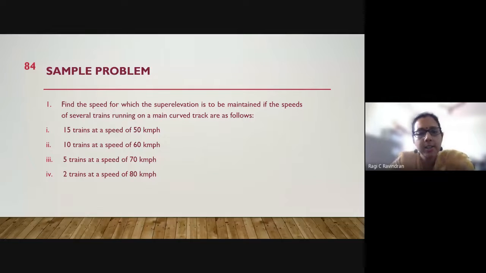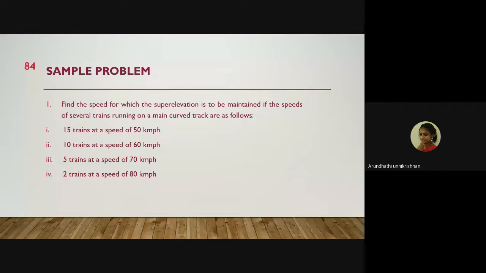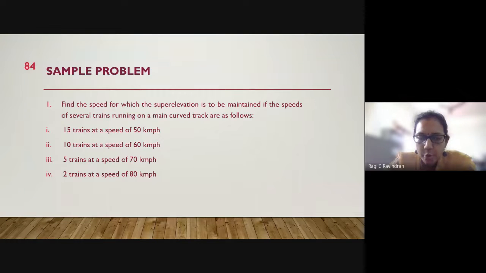Yeah, what are the given data? 15 trains at a speed of 50 kilometer per hour and 10 trains at a speed of 16 kilometer per hour and 5 trains at a speed of 17 kilometer per hour and 2 trains at a speed of 18 kilometer per hour. And find the speed for which super elevation is to be maintained. Okay, so what are you going to do? How to solve this? Arundhati?